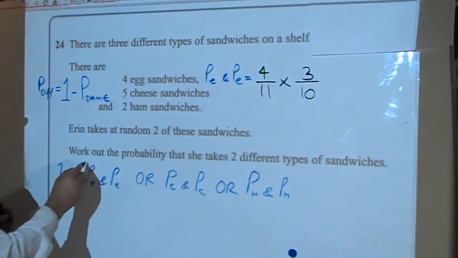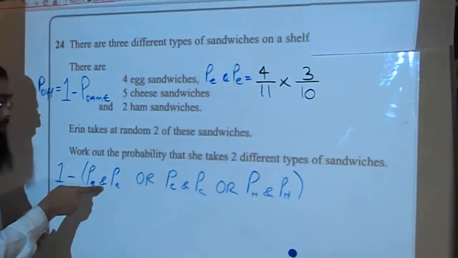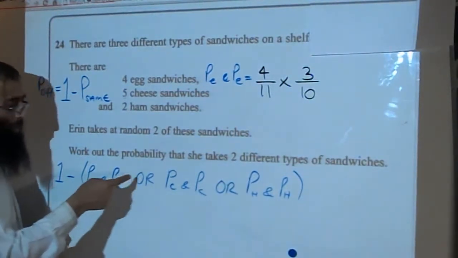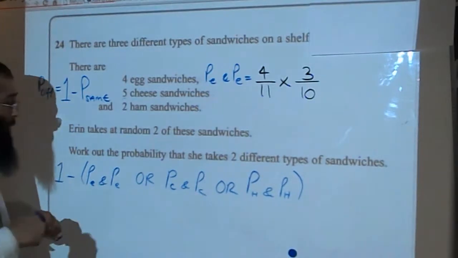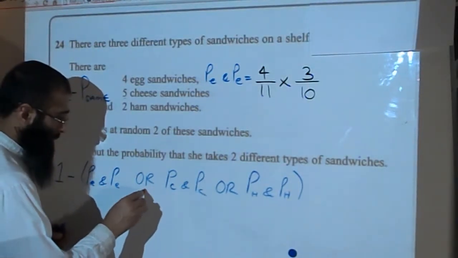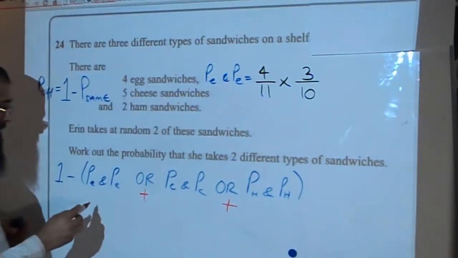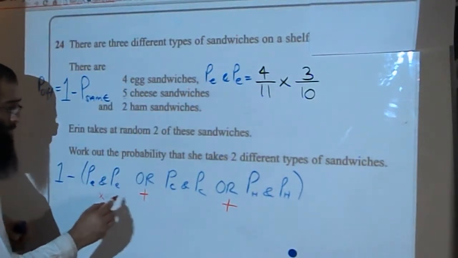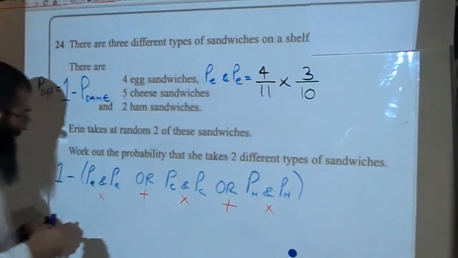Now remember this, whenever we have an 'and' it means times, whenever you have an 'or' it means plus. So let's change colour a bit and put those in straight away. And means times, and means times, and means times.